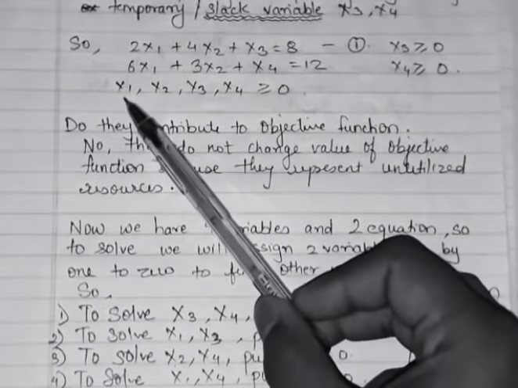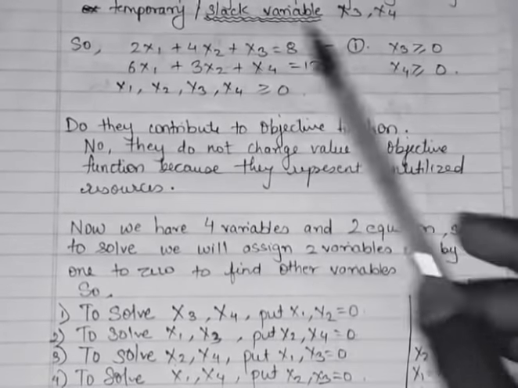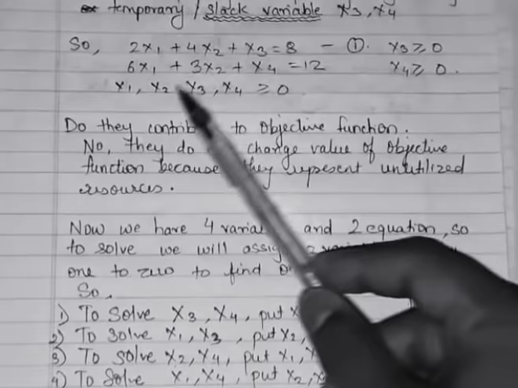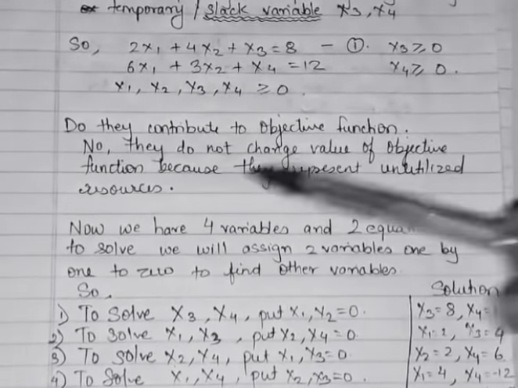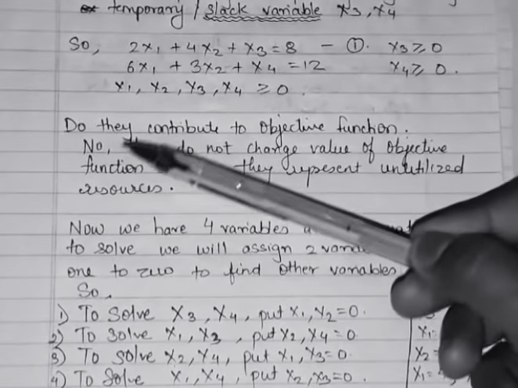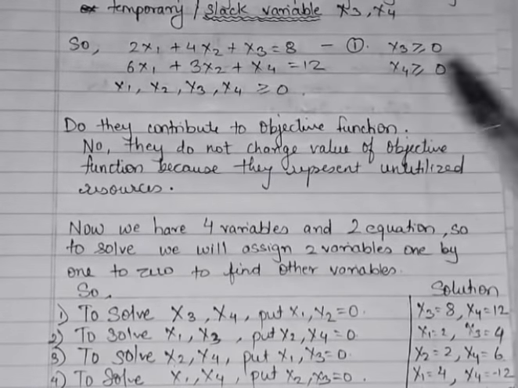In this way I will find all the different types of solutions by putting some number to these variables, so I get all the combinations of the variables one by one.